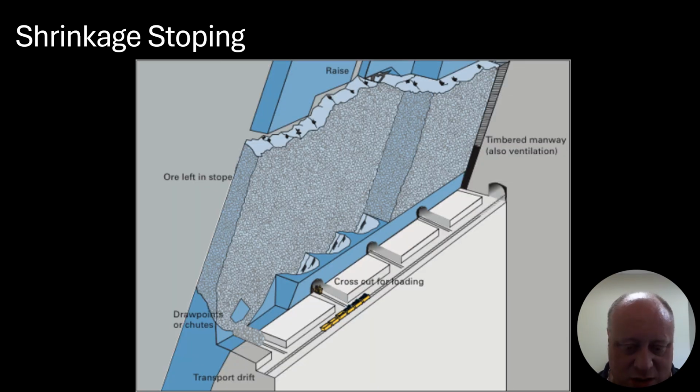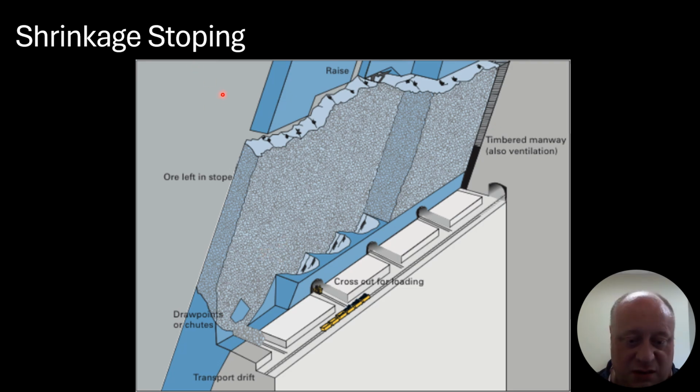And then we have what's called shrinkage stoping. This is a little bit different, okay? In this case, what happens is you've got your access drifts here, draw points and chutes in here, okay?